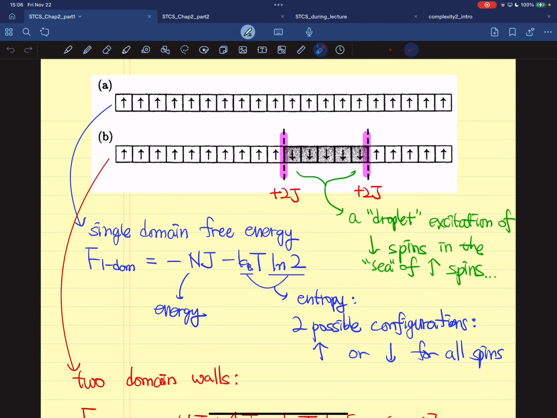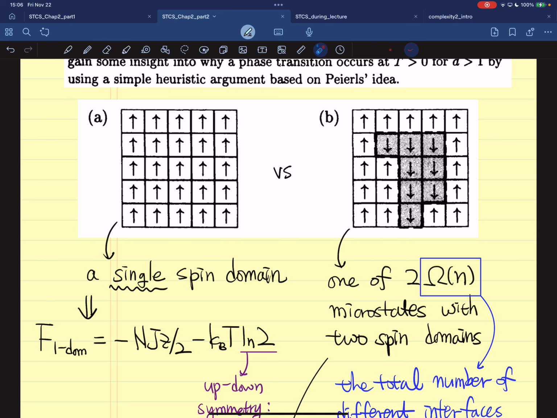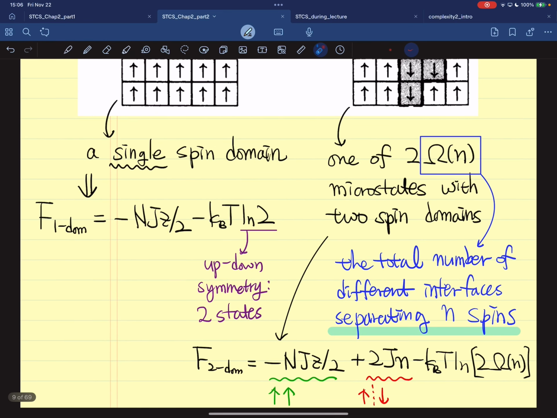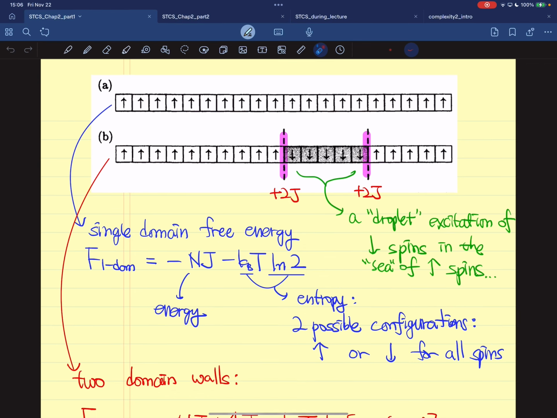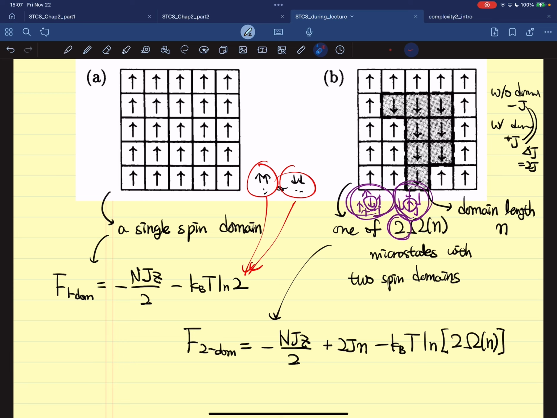This is an interface separating n spins. Well, it can be different from the domain length, but it's similar. This boundary part doesn't actually separate the spin, but it's negligible.